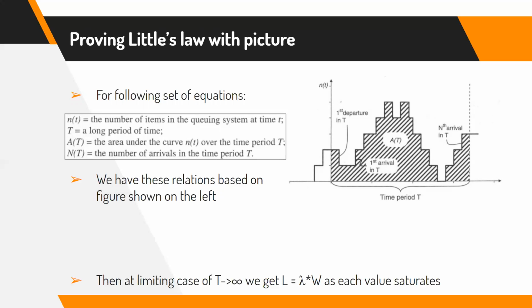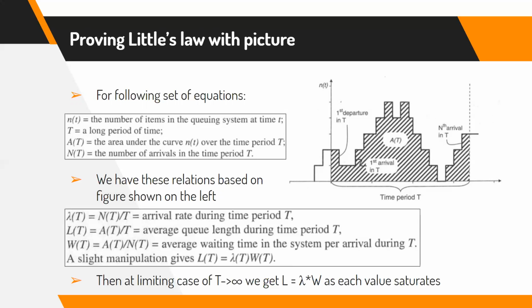Now using this data and by deducing from the graph, we can define a quantity lambda(T) as N(T) divided by T, the arrival rate during the time period T. L(T) can be defined as A(T) divided by T, which represents the average queue length during time period T, and W(T) as the ratio of A(T) and N(T).